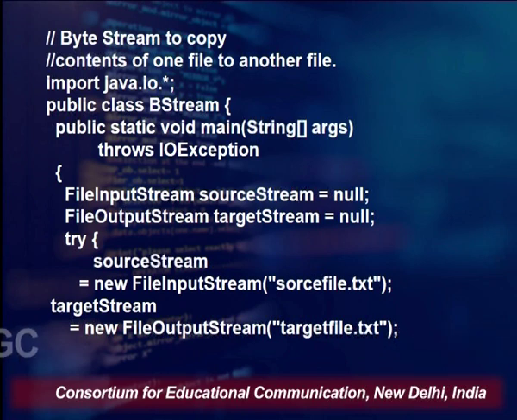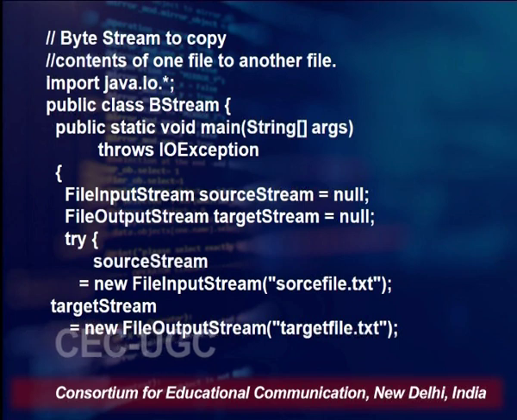Then within this main, the next statement of the program says FileInputStream sourceStream equals null, then FileOutputStream targetStream equals null. What do these two lines mean? FileInputStream is a class, and its object is being created as sourceStream.